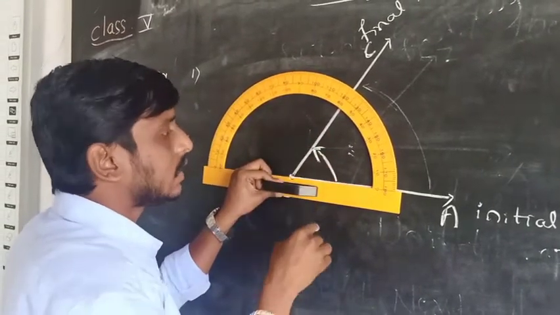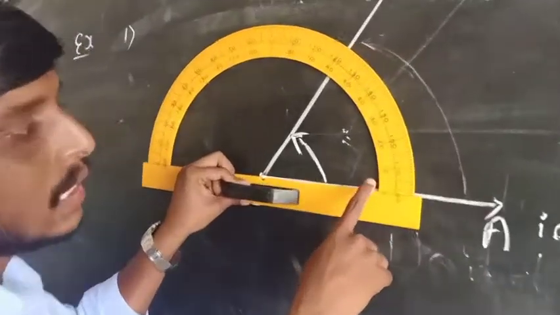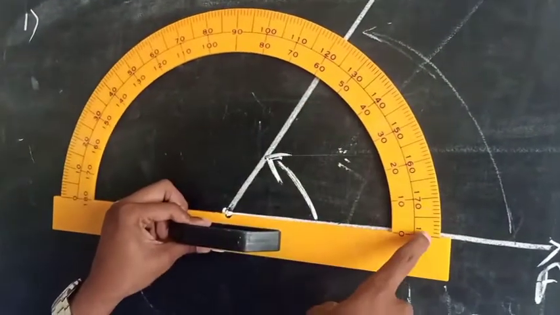If it is the anti-clockwise direction, here there are two scales: this is the inner scale, and this is the outer scale.